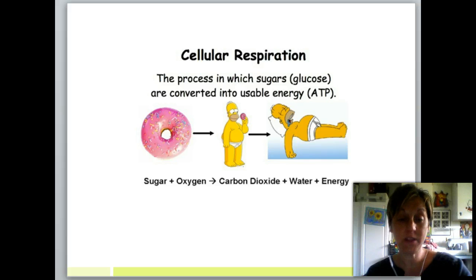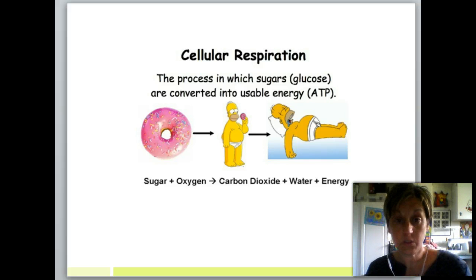With the sugars from the food and the oxygen, a chemical reaction will take place in the mitochondria. Carbon dioxide, water, and energy are the products of that chemical reaction. Carbon dioxide is released. Water and energy are distributed throughout the body of that particular organism.